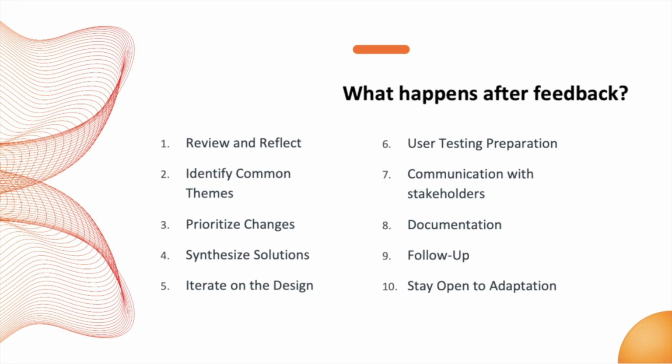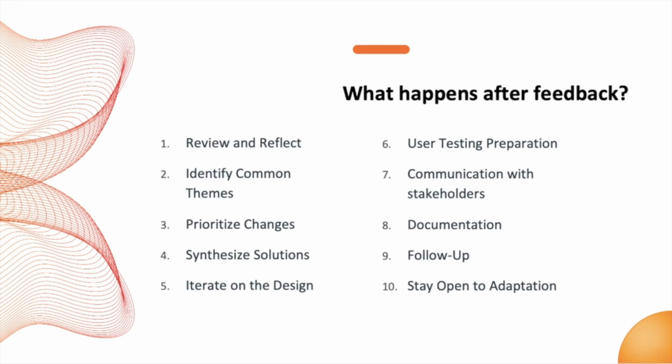So we'll review and reflect on the changes that have been made, and identify common themes among all the stakeholders, that is, which common problems all of them have raised with our design. We will prioritize changes, deciding which changes can be made and which cannot.